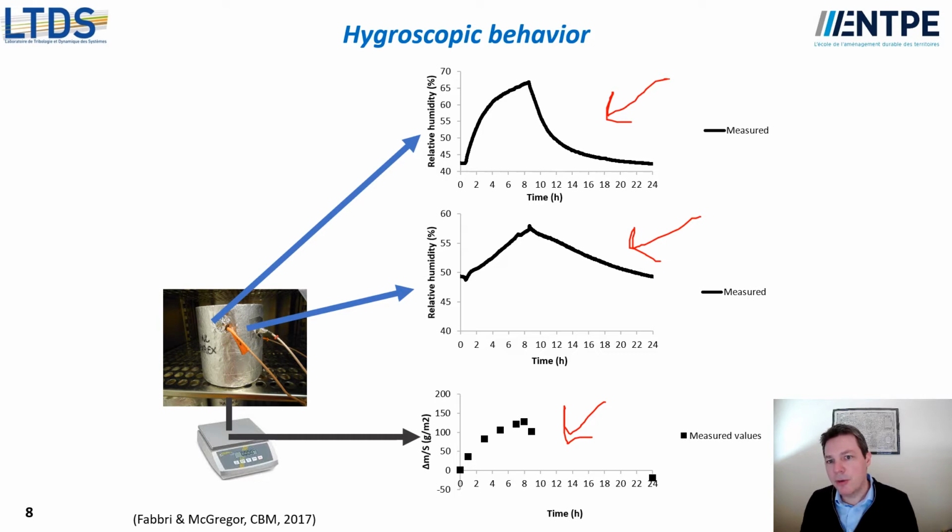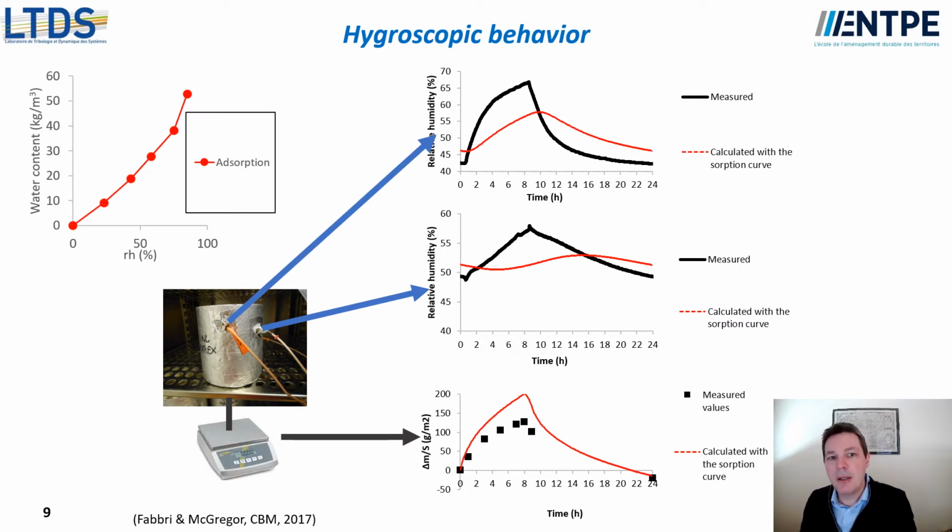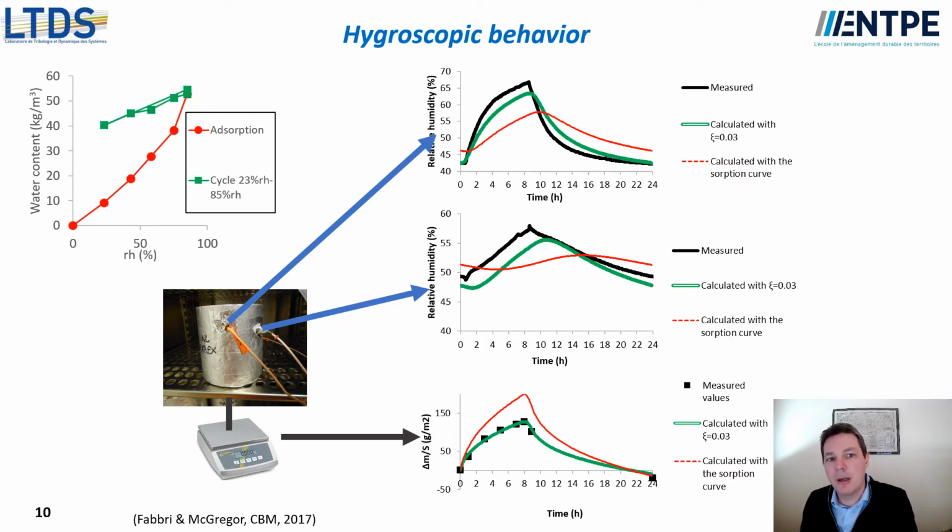And we have tried to model this test using the water mass conservation equation and the FEM code. And as an input parameter, we first chose the adsorption curve directly of the material. And we can see that numerical results are far from experimental results. Then, we have made a second calculation where we use cycles of relative humidity between 23 and 85% of relative humidity.